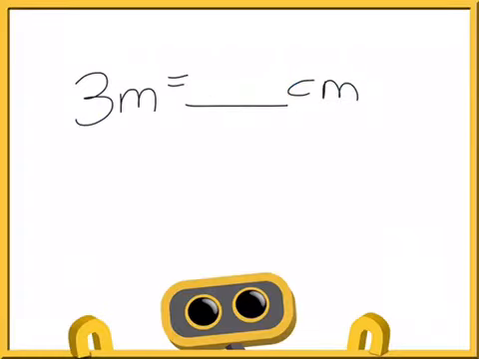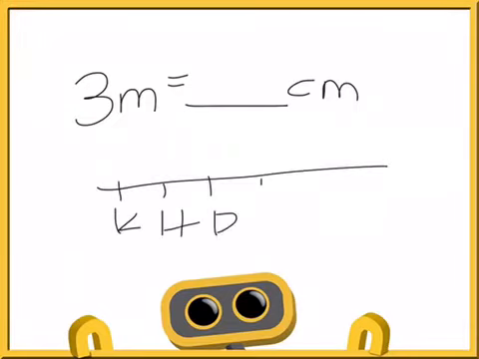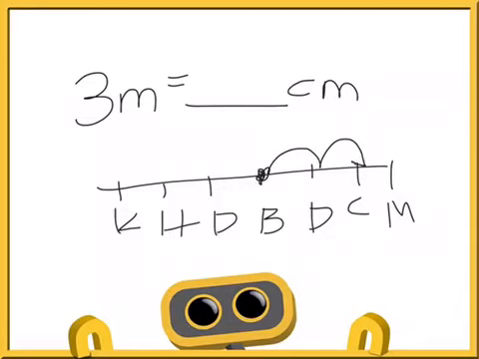All right, guys, so here I'm going to convert from 3 meters, and I want to know how many centimeters that is. So I'm going to start by doing my little number line. King Henry died by drinking chocolate milk. I know I'm starting at my meters, which is located right there at my base measurement, and I'm going to go to the centimeters. In order to do that, I move my decimal point 2 places to the right.